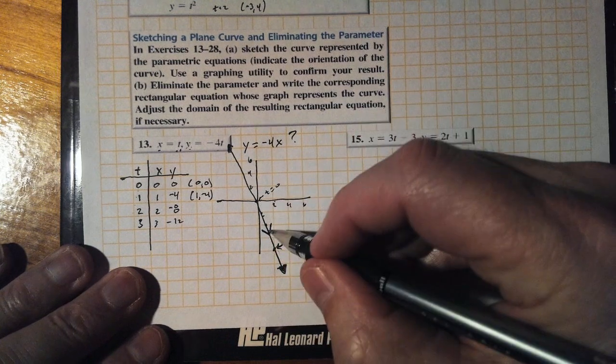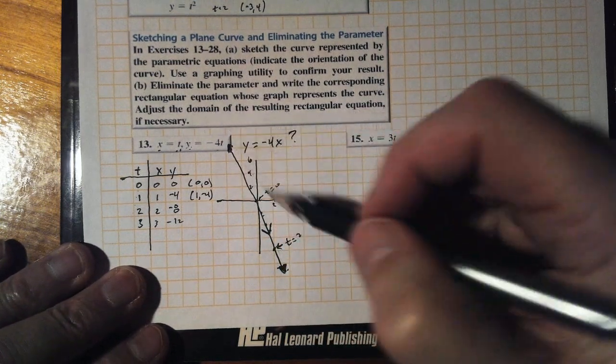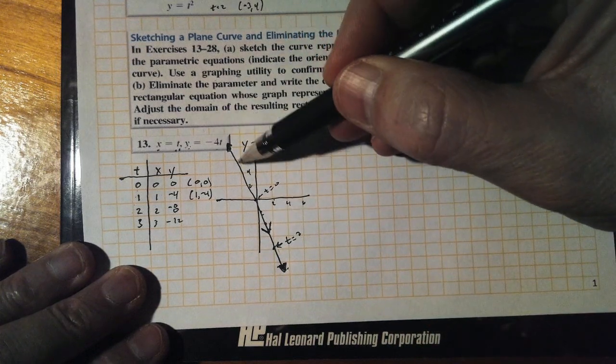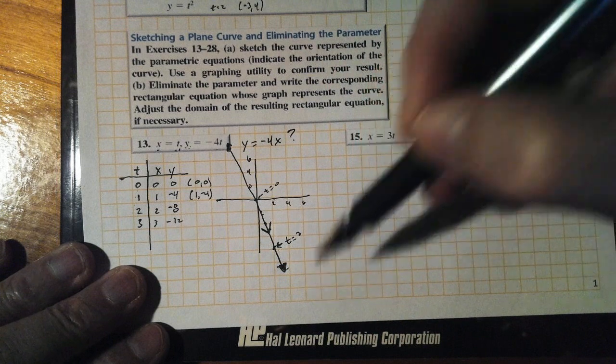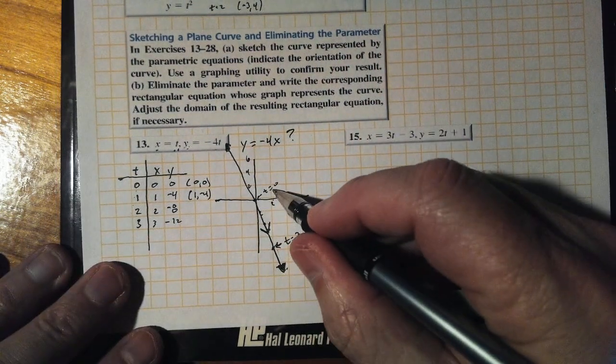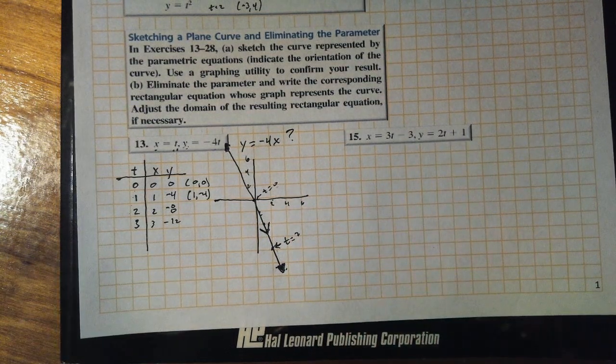This arrow means something different than this. This means it goes on forever. This means it goes on forever that way. But really, this graph started from back here and developed in this direction as T increased. So orientation and some kind of labeling to just tell us where we are at some given time, so we have some idea about how fast this particle is moving.